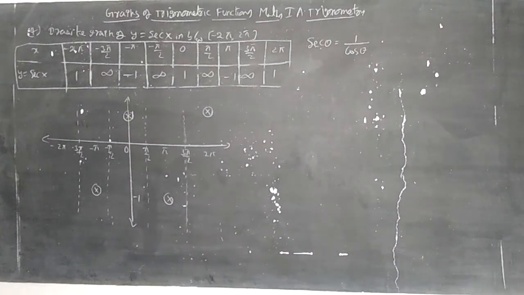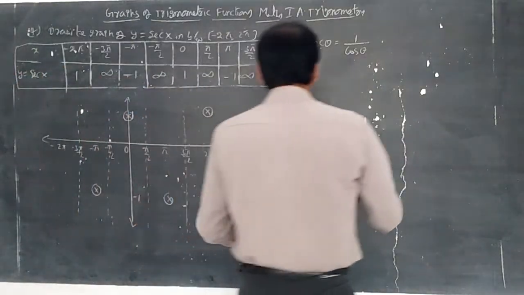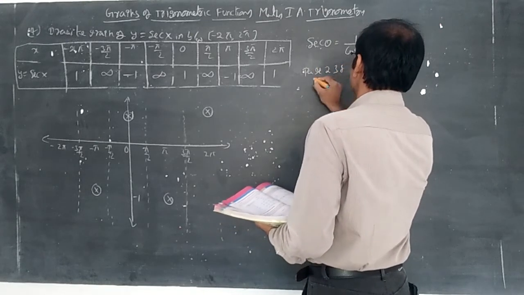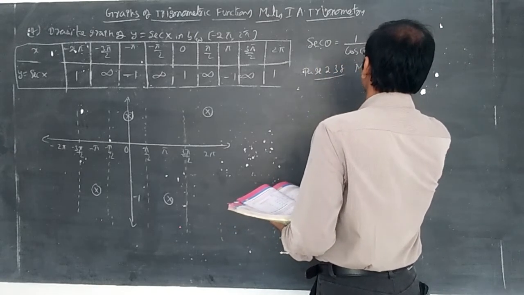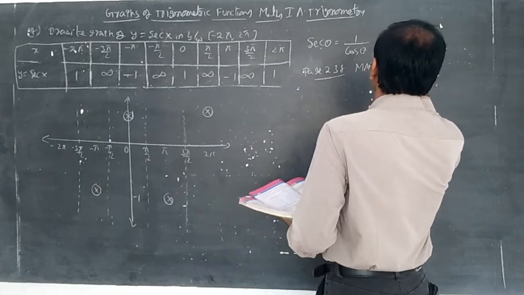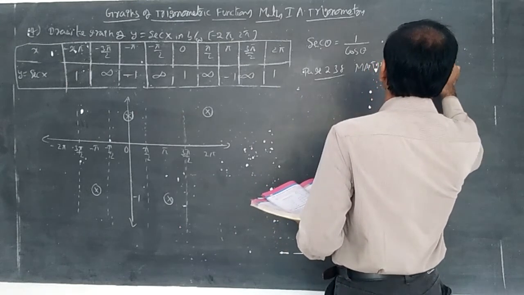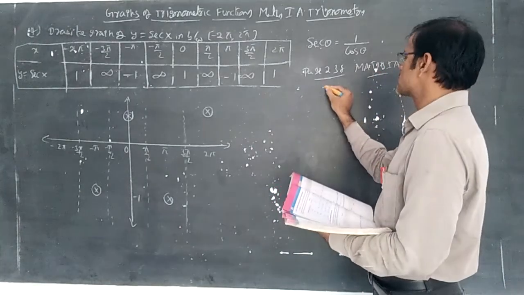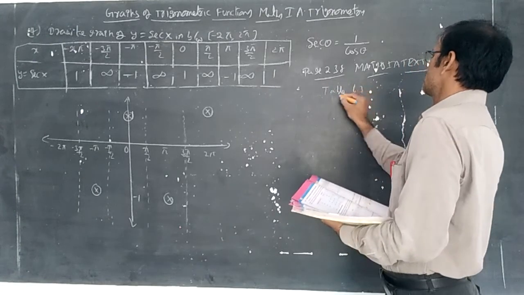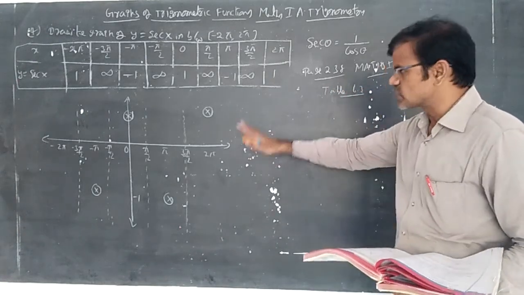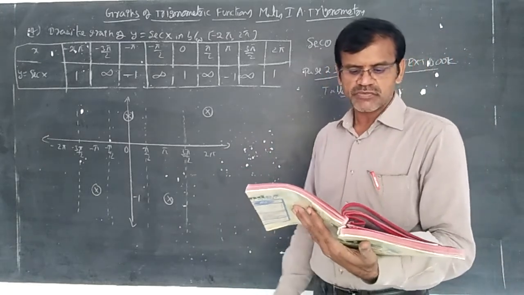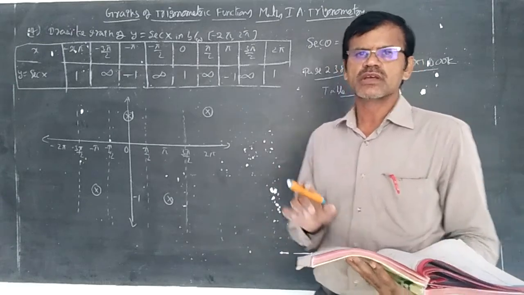If you have the Maths 1A textbook, simply see page number 238 and you get the domains and ranges. Page 238, Maths 1A textbook, Table 6.3. It depends upon the graph. The range is minus infinity comma minus 1 union 1 comma infinity.